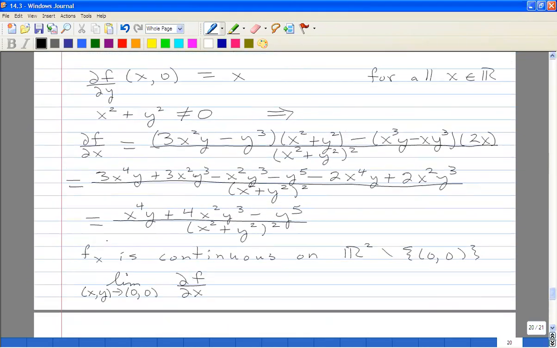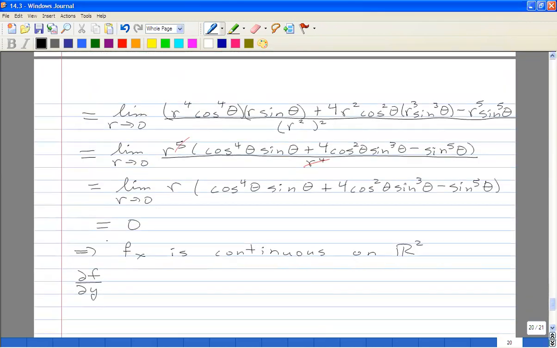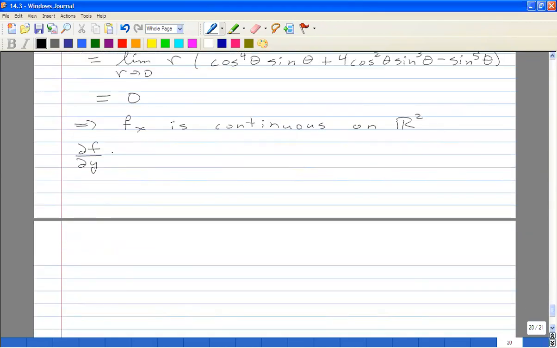Okay, and so if I do that, this is equal to, and again, I'm assuming that x squared plus y squared is not 0.